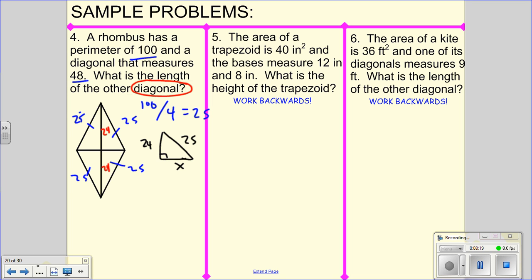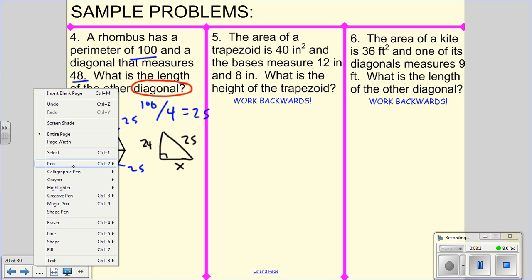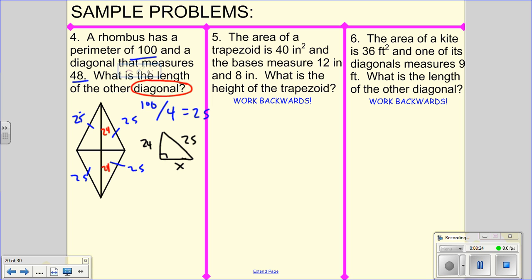So let's, one step at a time, use the Pythagorean theorem. We have A and we have C, so we're looking for B. So again, the shortcut to find B is take C squared minus A squared, and put that in your calculator in one step.